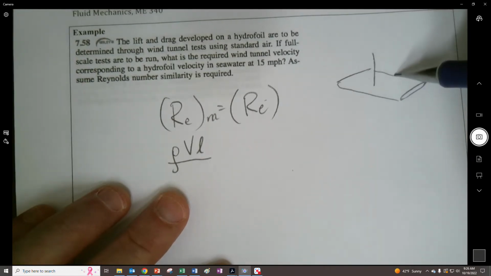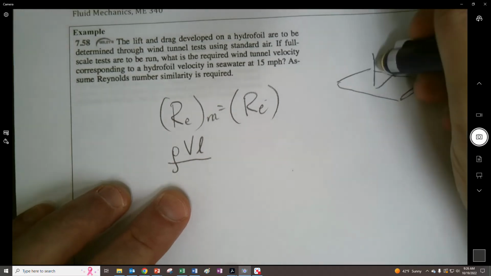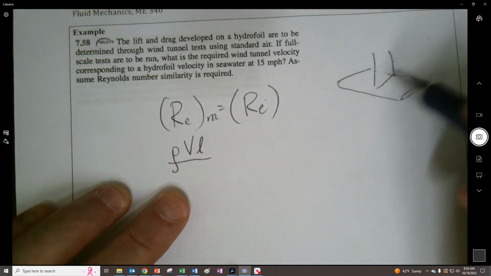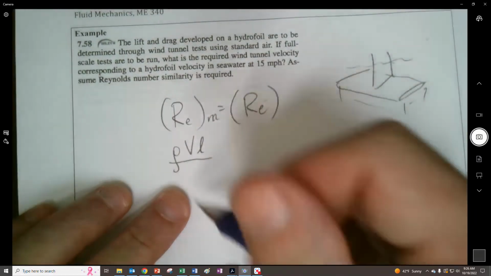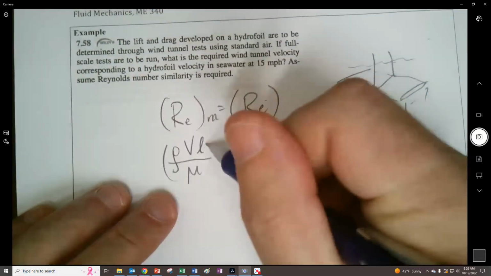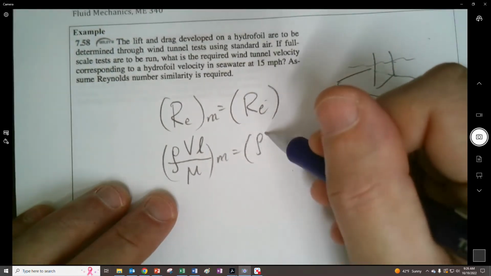Like a hydrofoil usually has the craft above, and this is where the water level is, and this is running out there. So it could be this dimension or it could be that dimension right there. This is just a characteristic length. And this is what we're usually used to in Reynolds number.